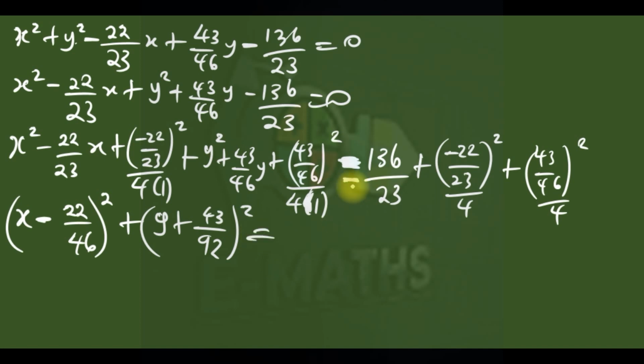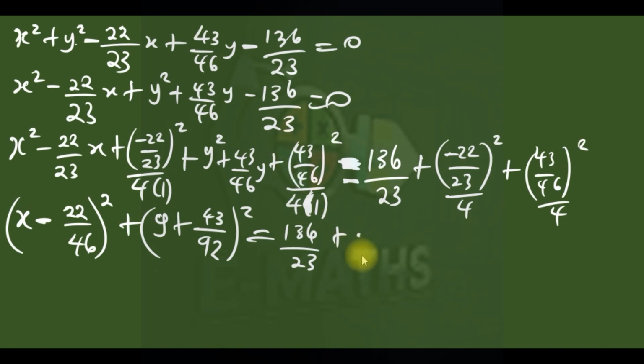So this is now a perfect square equal to 136 over 23 plus that same, okay, this is now 22. 22 squared is 121 over 529, because 4 is 2 squared, so 2 times that all squared, plus this should be 1849 over 8464.